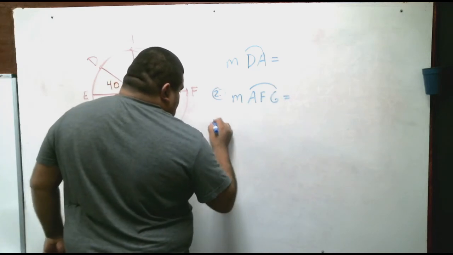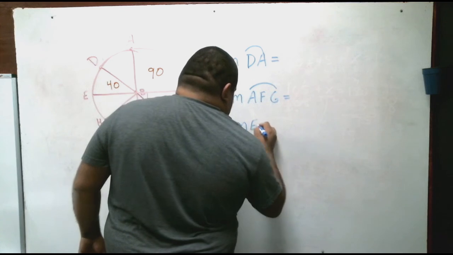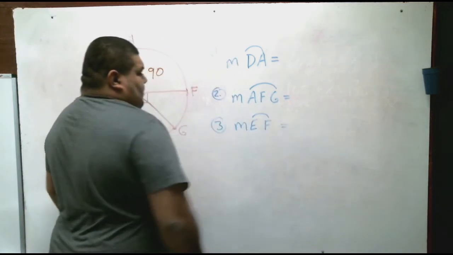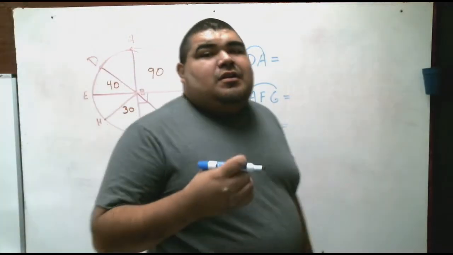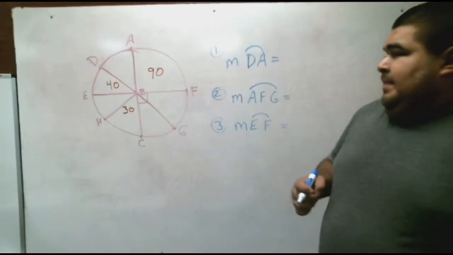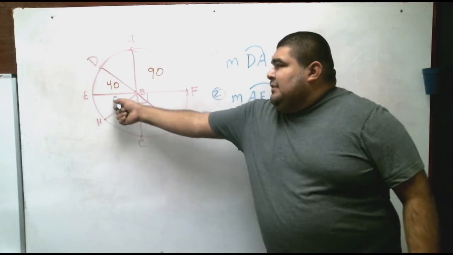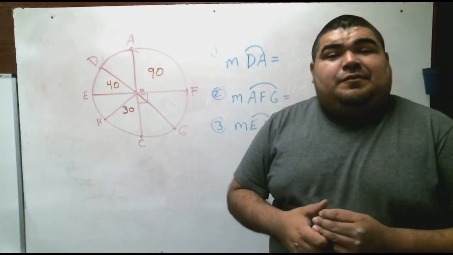And then number 3, measurement EF. What kind are they? Is it a semicircle, major arc, or a minor arc? For each one of these, and then also solve the insides of the circle. Okay. That's your assignment for today.